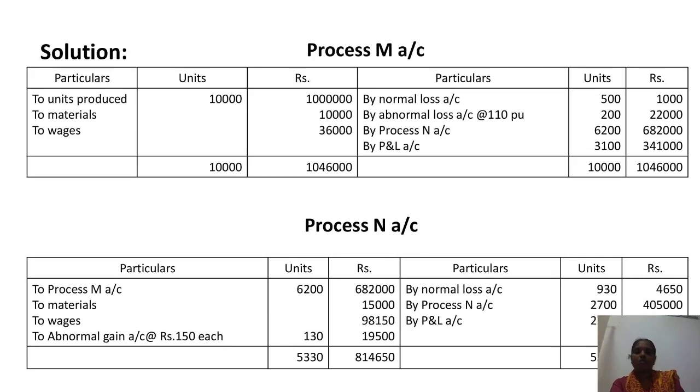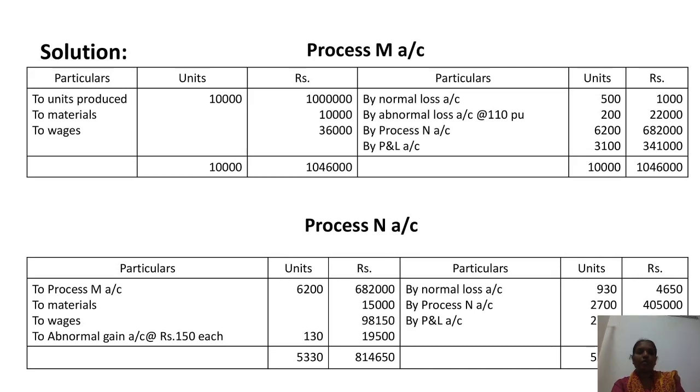Then here in this case, debit side, 10,46,000 minus 1,000, we get some amount, divided by the number of units, that is 10,000 minus 500, that is 9,500. We get some amount.